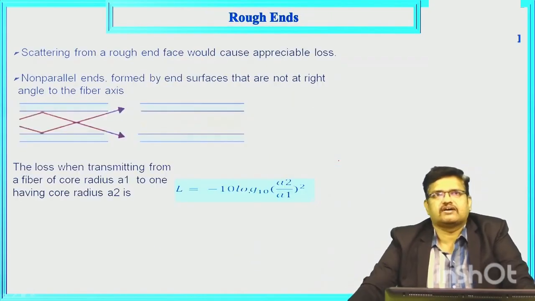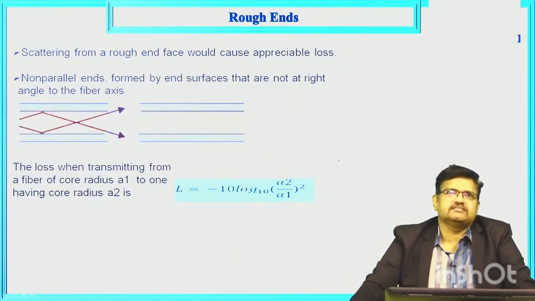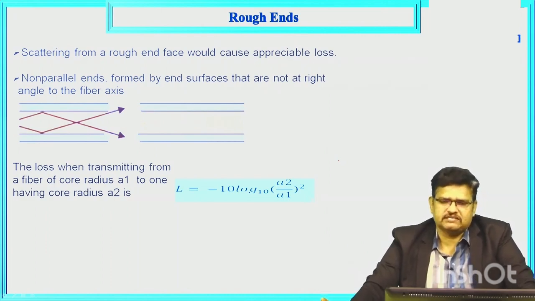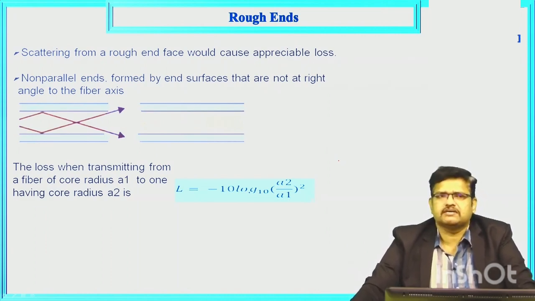Next one, rough end. Here, in many optical fiber communication systems while installing the two fibers, most technical people experience this kind of loss from the rough end. While cutting the two fibers, it should be a smooth end.